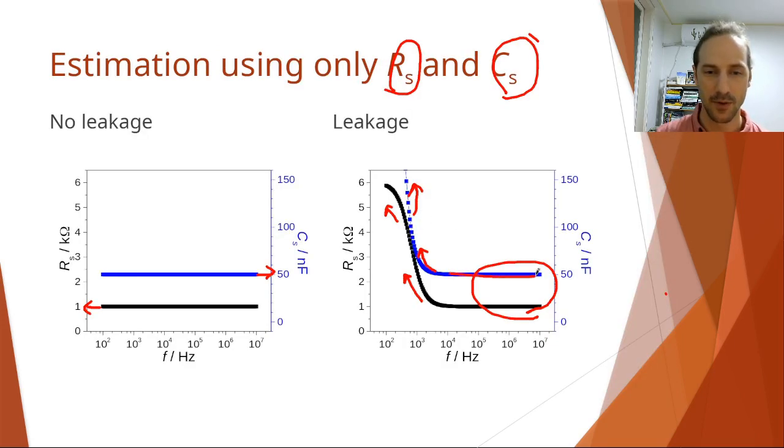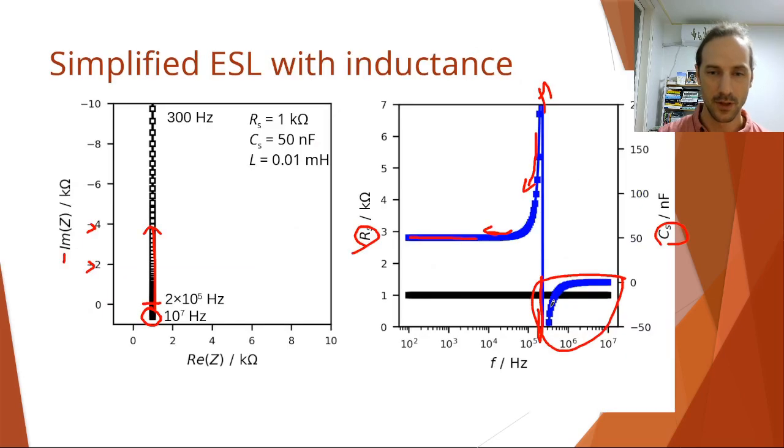The capacitance we have at this high frequency part is going to correspond. So this should be 50 nanofarad, and there is that, and this also should be 50 nanofarad, and there is that.